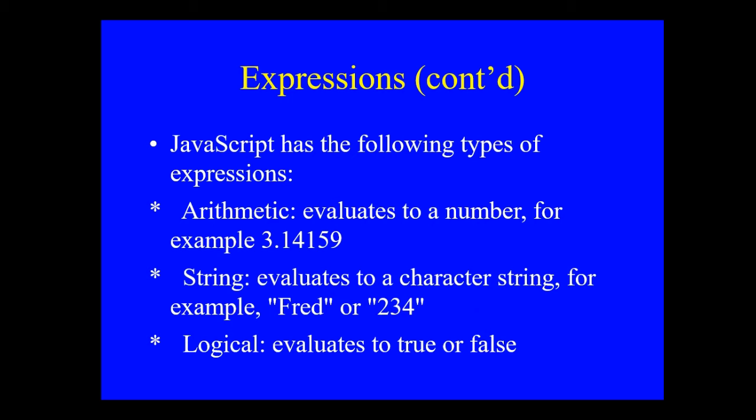JavaScript has the following types of expressions. Arithmetic evaluates to a number, for example 3.14159, the value of pi. String evaluates to a character string, for example Fred or 234. Logical evaluates to true or false.